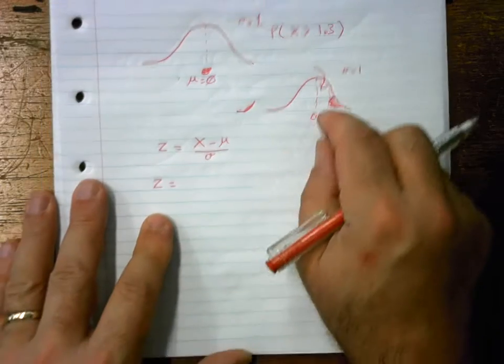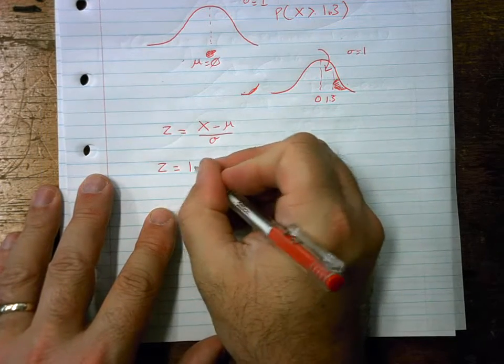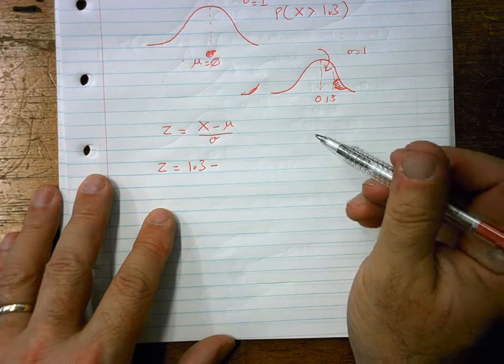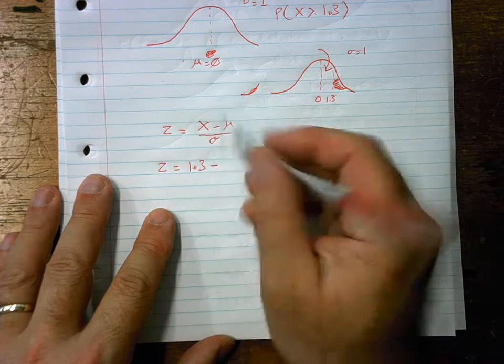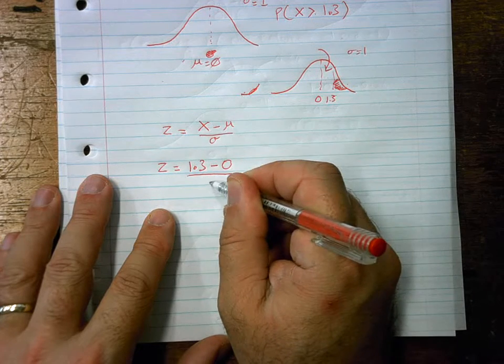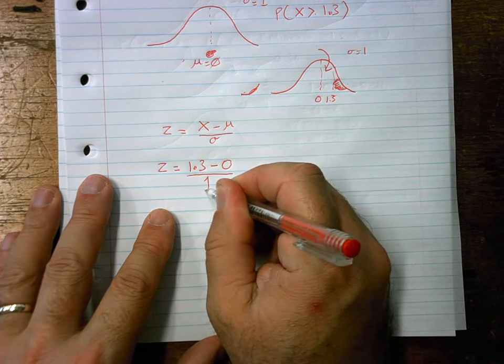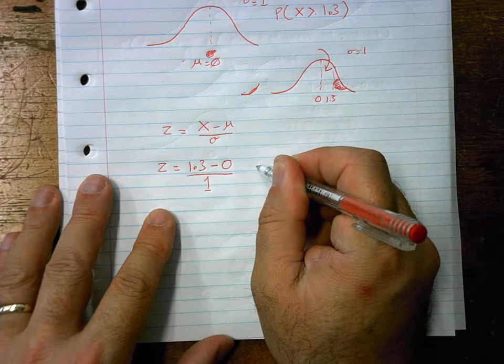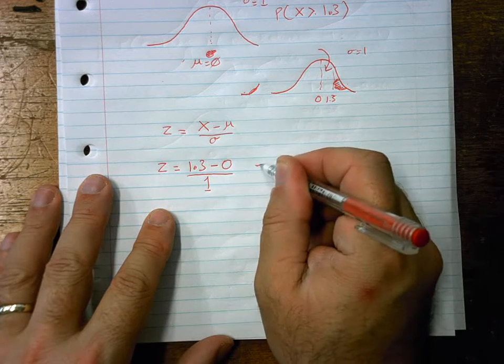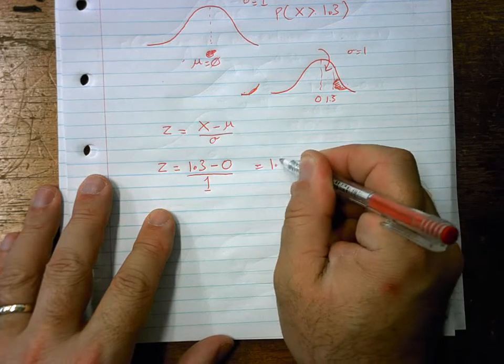So Z equals 1.3 minus mu. What's mu? 0. What's sigma? 1. So consequently, Z equals 1.3 in this case.